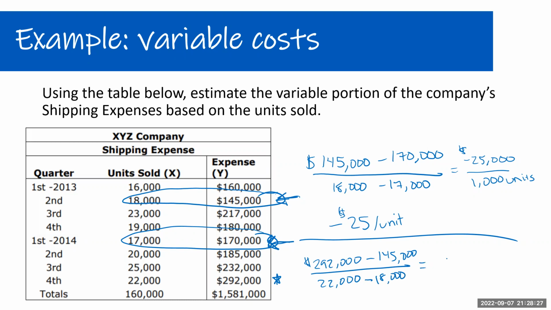That gives me $147,000 over 4,000 units. So this tells me something much more realistic. If I plug this into my calculator, it'll tell me somewhere around $36.75 per unit.